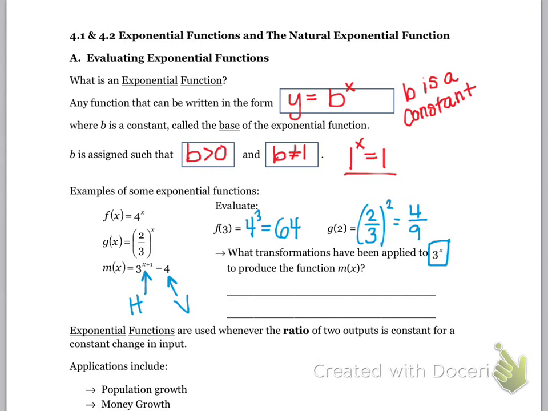This is even easier to notice with exponential functions, because if it's a small number in the exponent with x, it's a horizontal shift, or if it's a big number outside, you know it's a vertical shift. So remember, all horizontal shifts are opposite, so this is actually left 1. And then that minus 4 is down 4.